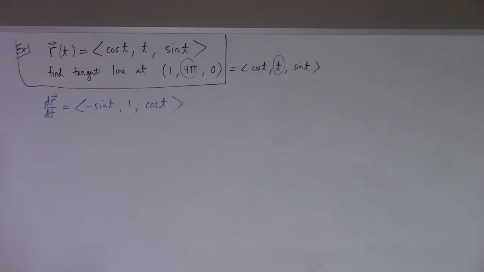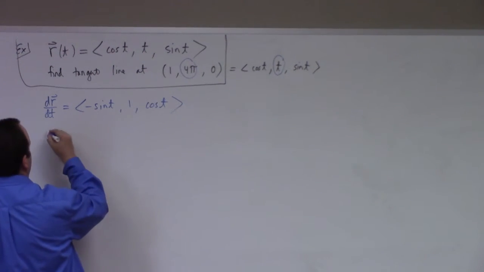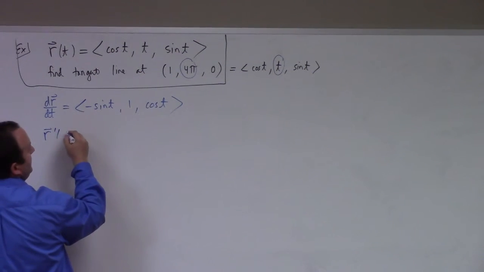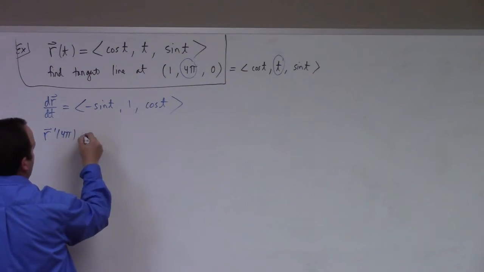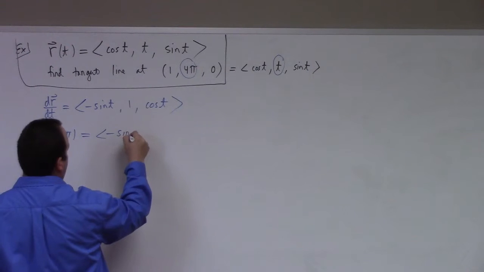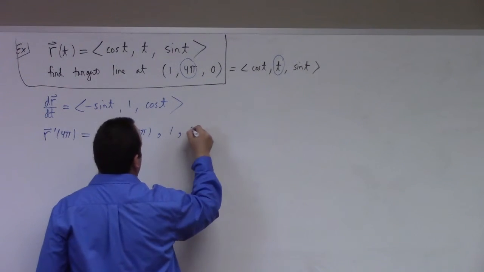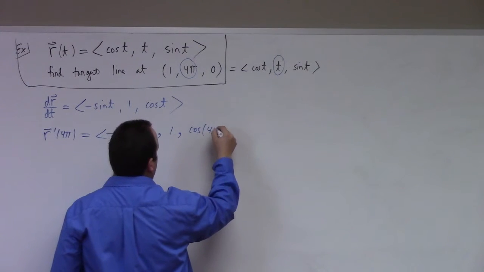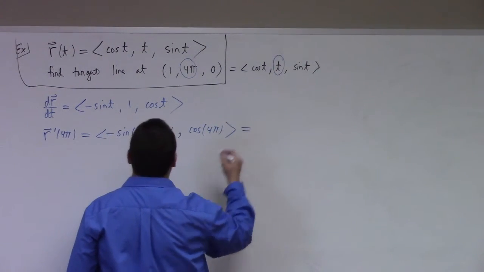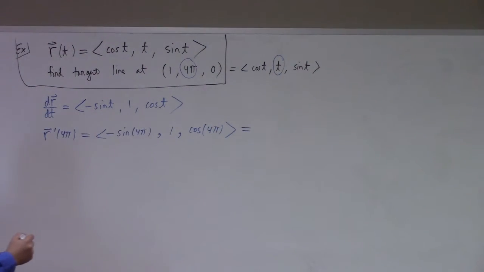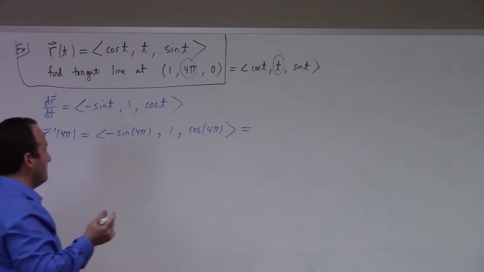But anyway, so there's the velocity, then r prime of 4 pi is minus the sine of 4 pi, which we should know without picking up a calculator. You should know sines and cosines of multiples of pi without technological help. What's sine of 4 pi? 0. What's cosine of 4 pi? 1.